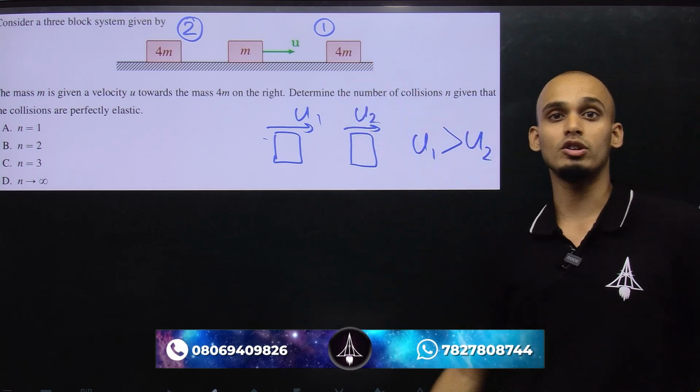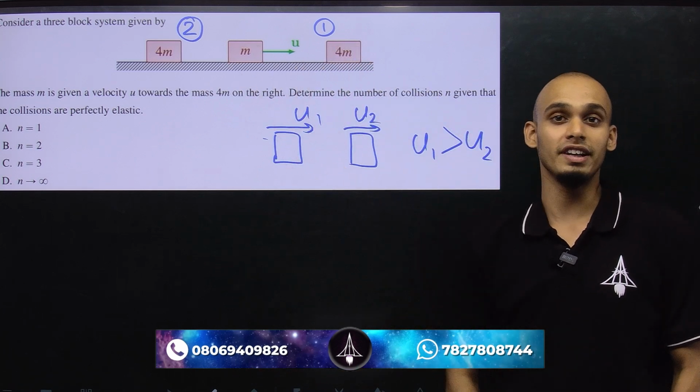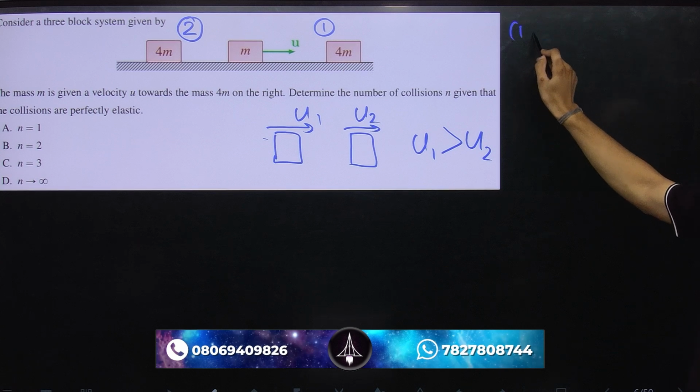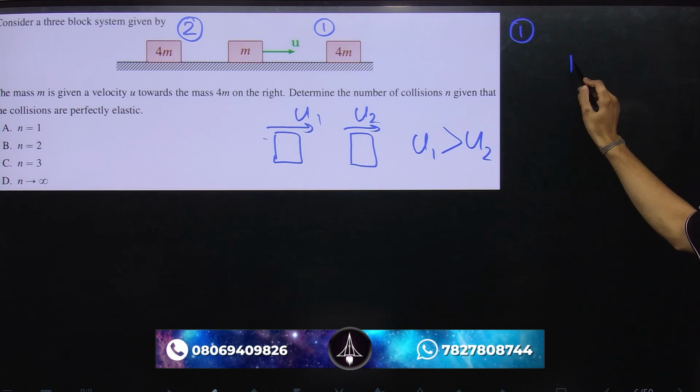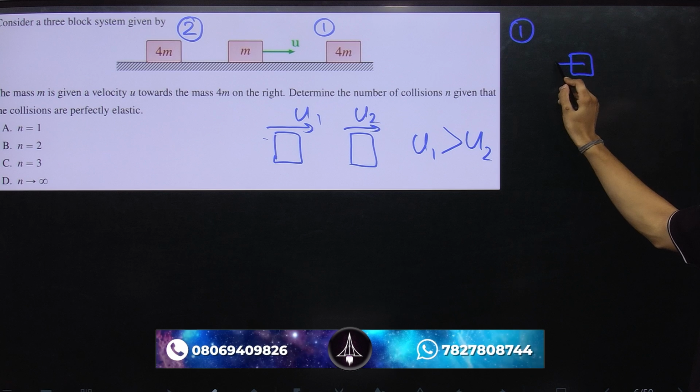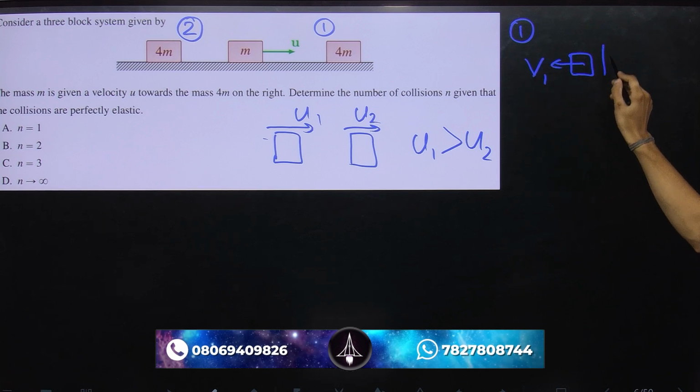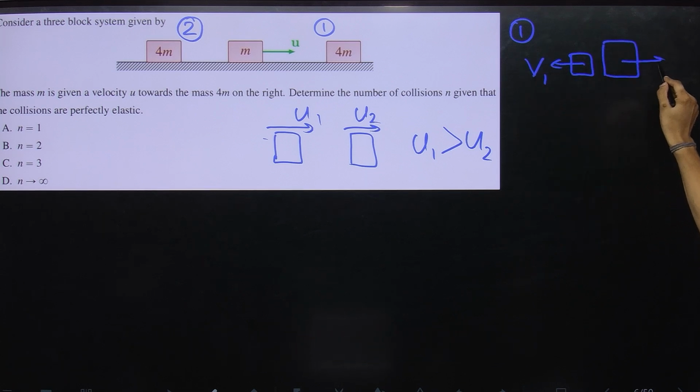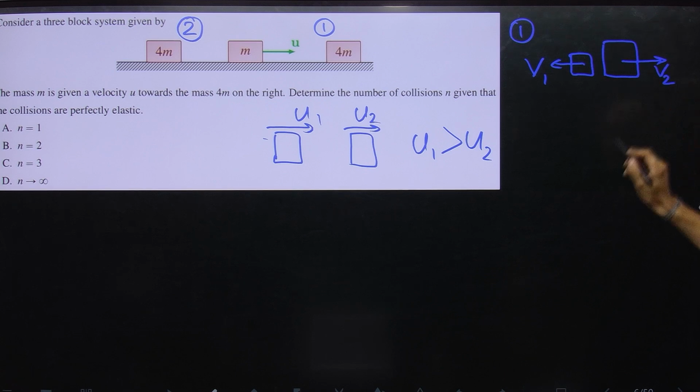Now, since 4m was at rest initially, of course, the first collision will happen. Let us solve the first collision. After collision, let's say the block of mass m starts moving towards the left with speed v1, and the block of mass 4m starts moving towards the right with speed v2.